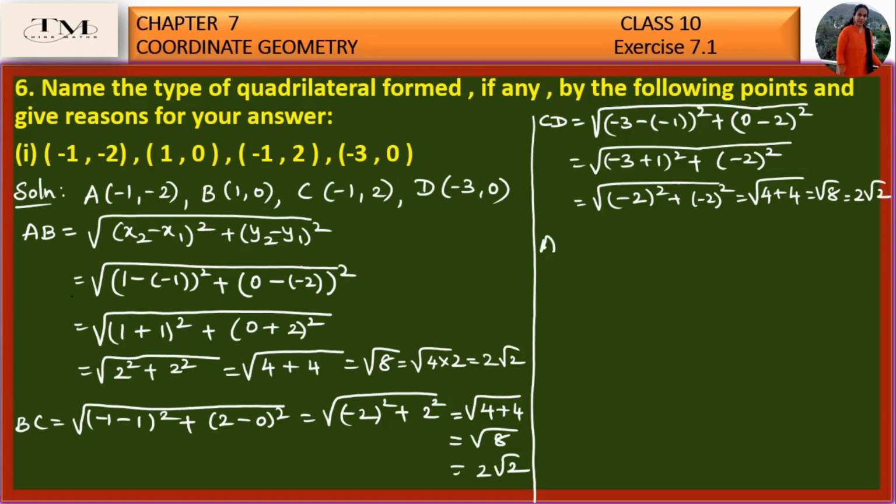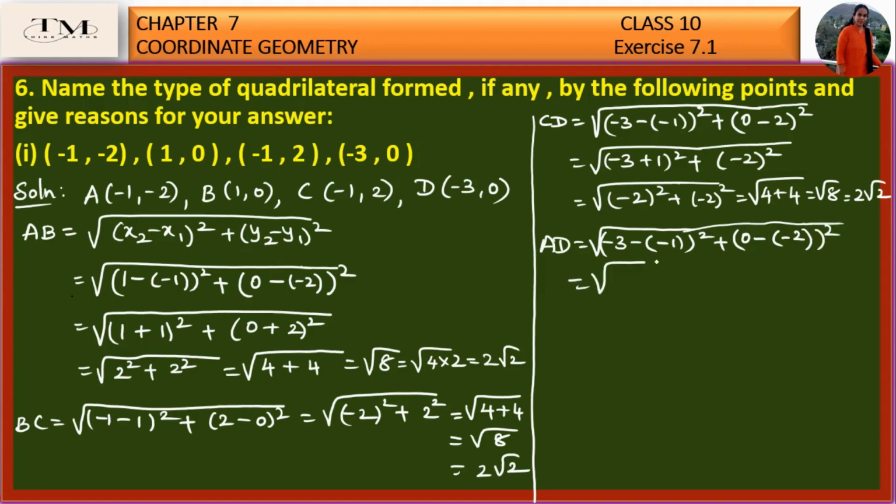What about AD? AD is equal to the square root of, this is A and this is D, so minus 3 minus, what is A's x1? It is minus 1, whole square plus y2. y2 is 0, y1 is minus 2, so 0 minus y1 is minus 2 whole square.